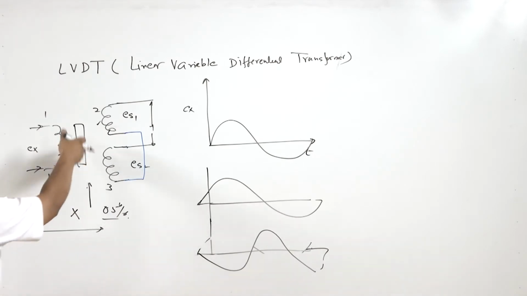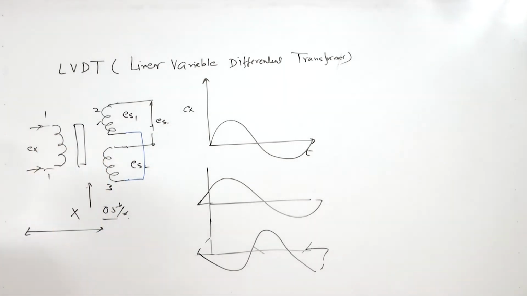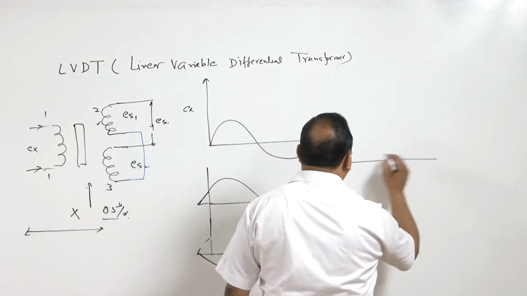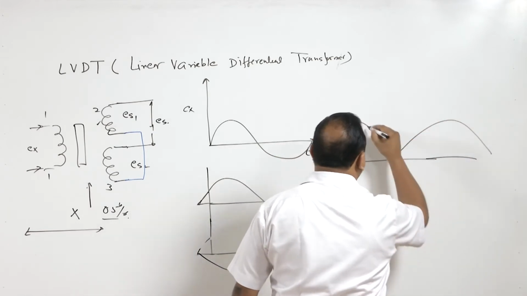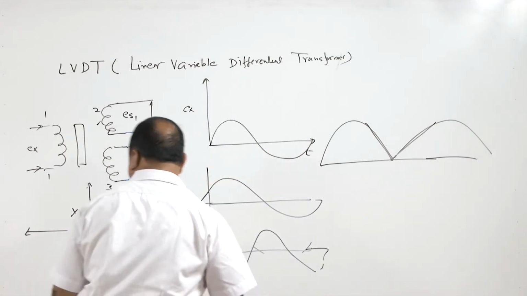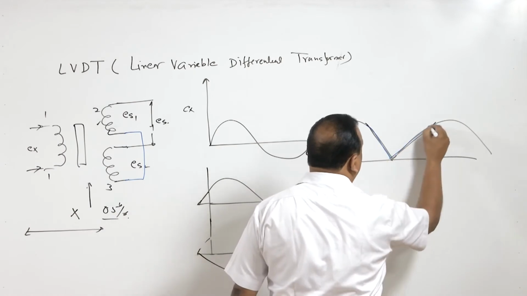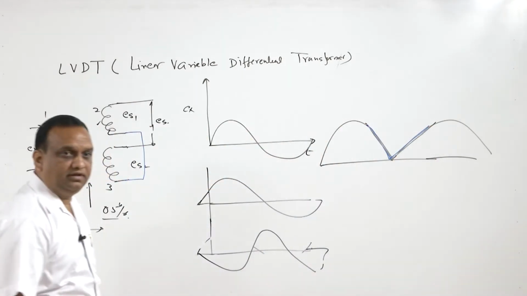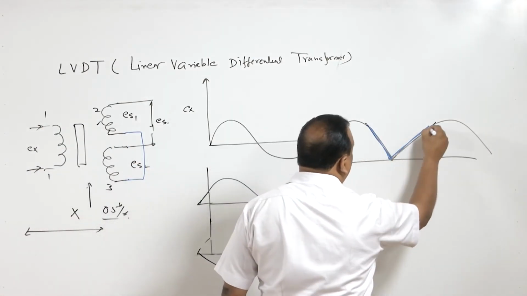But the moment we move in either direction, the deflection will start, and the variation of this output ES is linear with the displacement of the core. Finally, if we superimpose these two waveforms, this is the linear part where the LVDT will be operating, because here the variation of voltage with distance is linear.